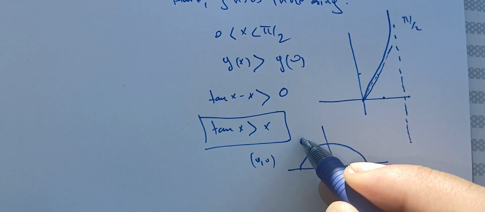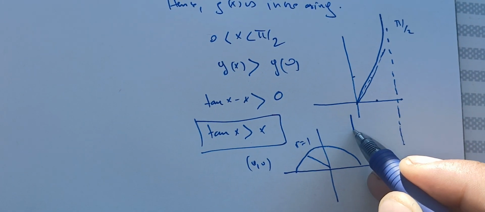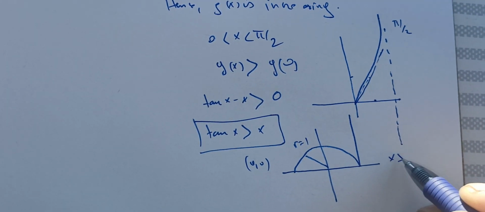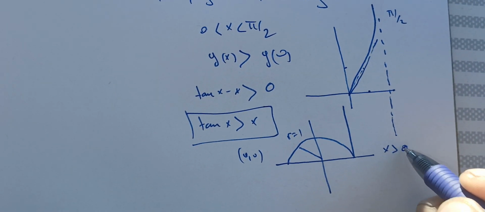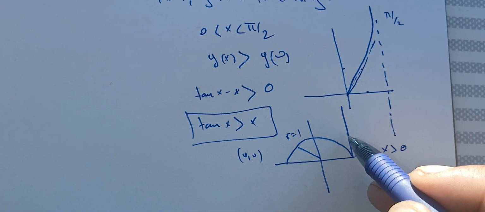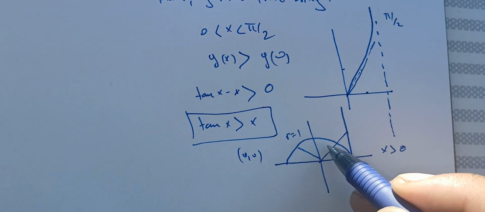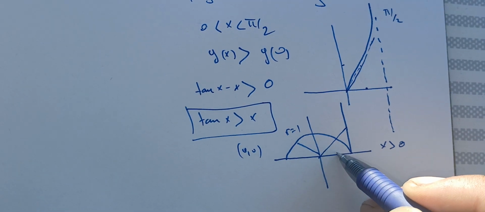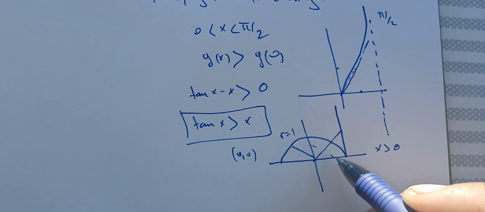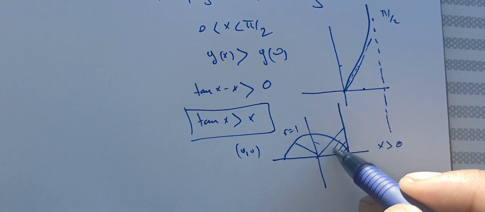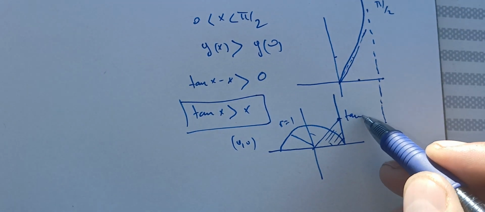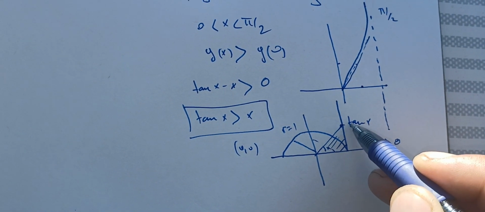So this is 1, and this is the tangent when x is bigger than 0. So for every angle in (0, pi over 2), x is going to be here. Okay, I can find this area here. So this is the tangent of x. If this is x, this is the tangent.